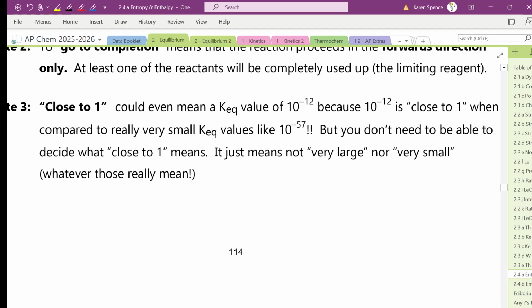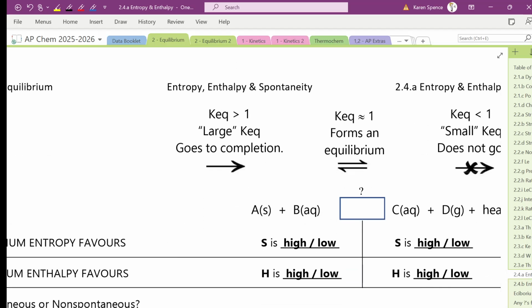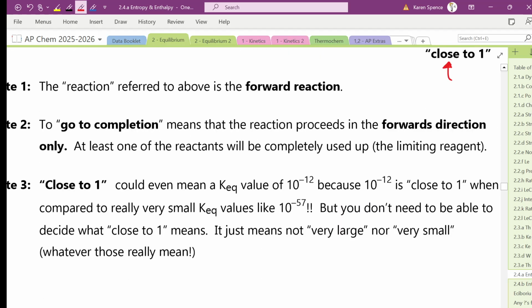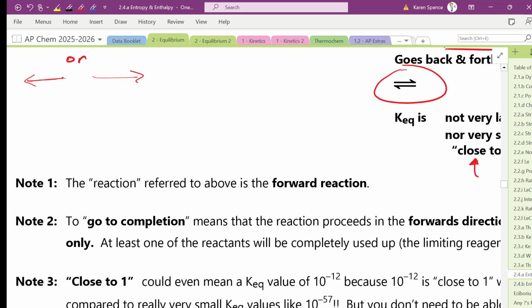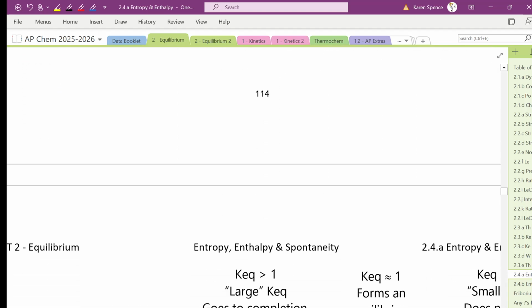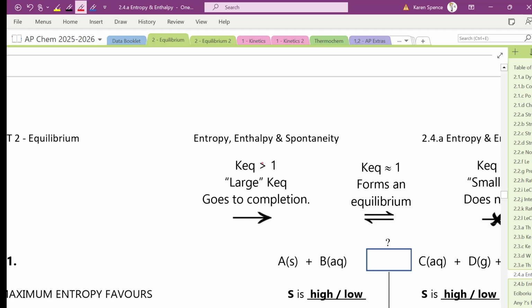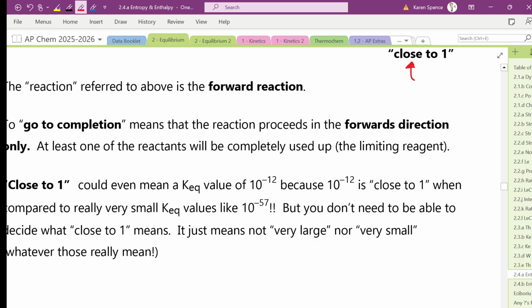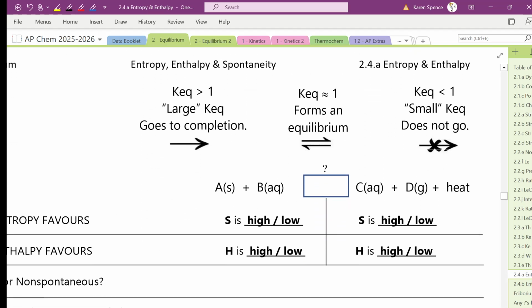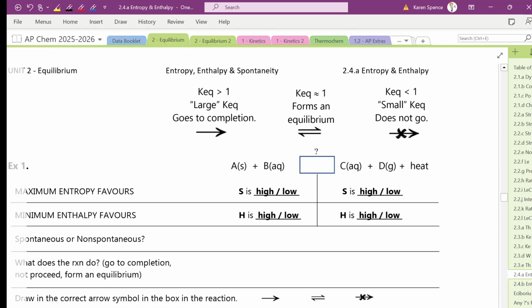Okay, so if KEQ is greater than 1, whoa, what happened here? I don't love this bit because I feel like if KEQ is greater than 1, how much?